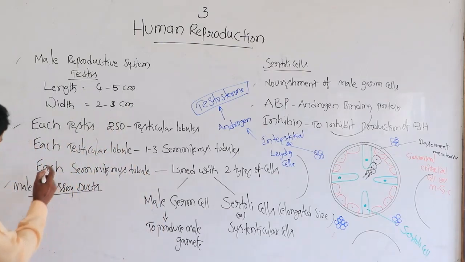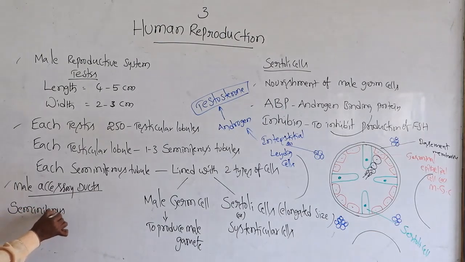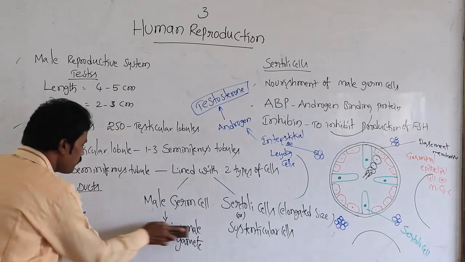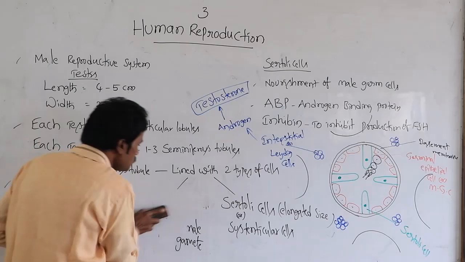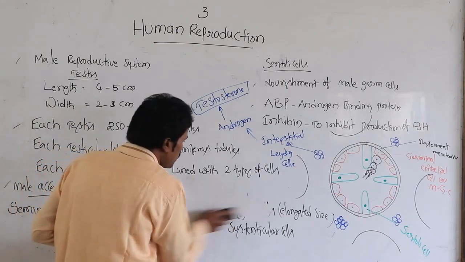The order is important. First is the seminiferous tubule. This seminiferous tubule continues into one duct. What is the name of the duct?